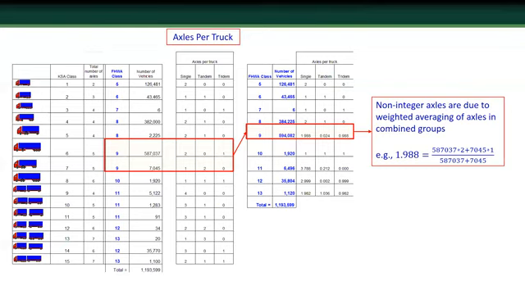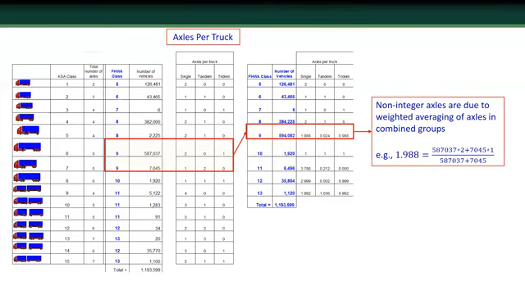Now, I came up with these numbers. How we come up with this number is described in the MEPDG manual. 587.37 is the number of vehicles times 2 for this particular axle times 2, plus 7,000 times 1, divided by the summation of these two. So I'm actually getting a weighted average of axles to come up with this 1.988.